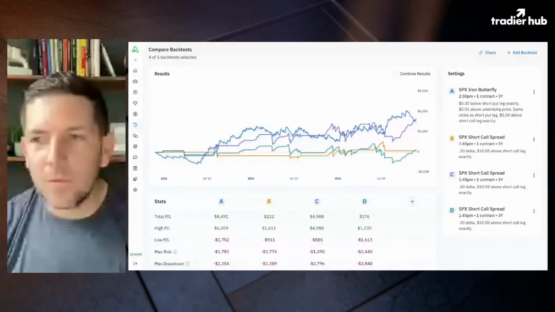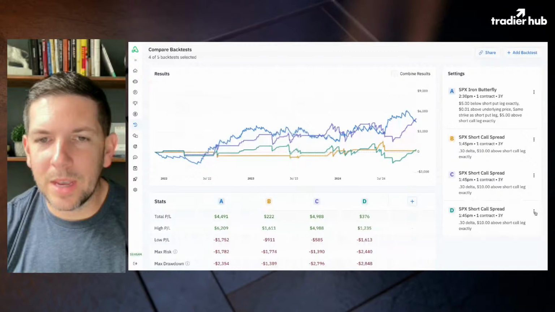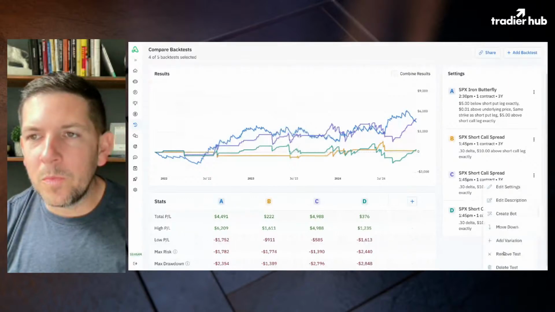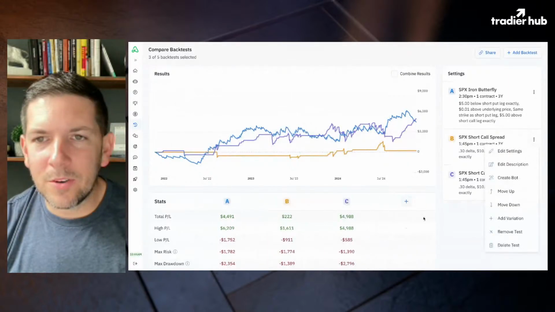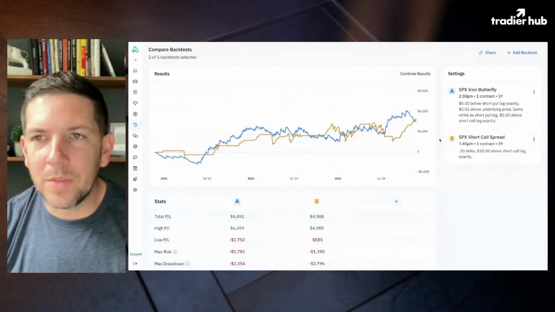All right, so we're going to remove D also because we don't really like D either. It didn't really make any money. And then we're going to remove B. B was the first test, first variation of this. That didn't really make any money either. So we're going to go ahead and remove that test.